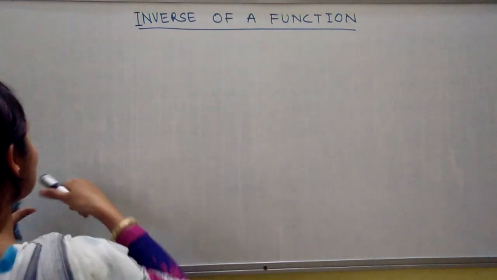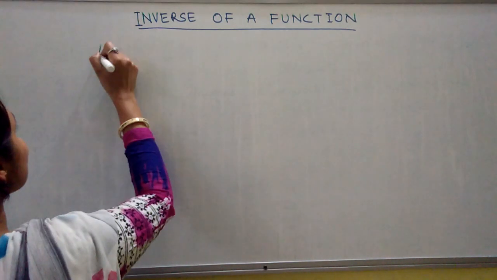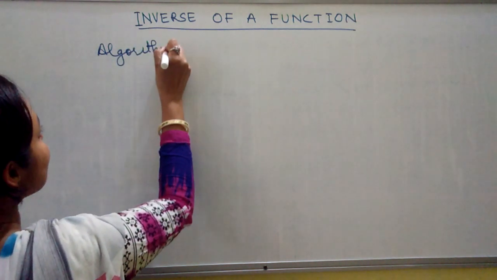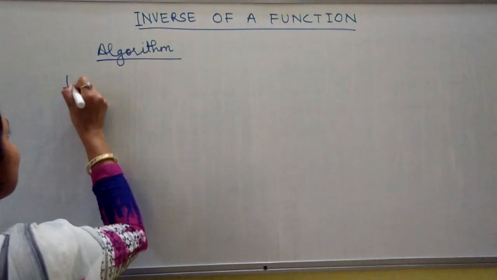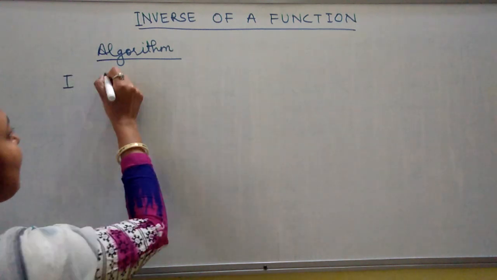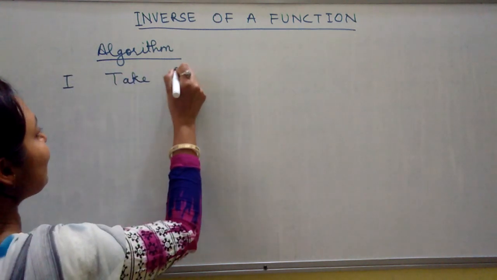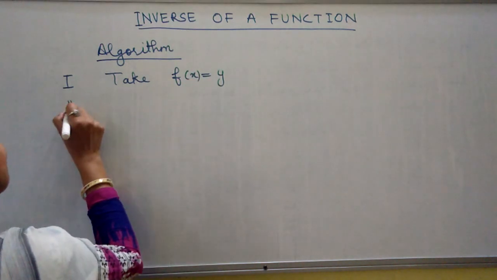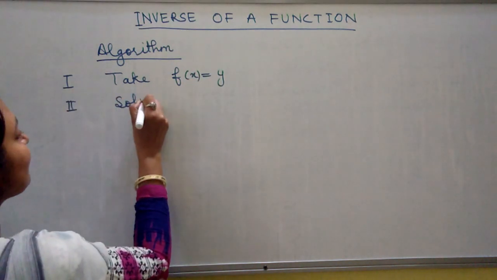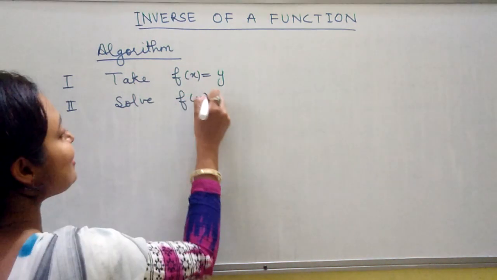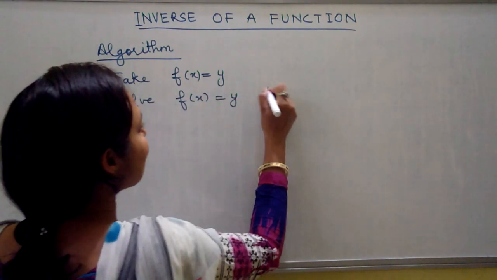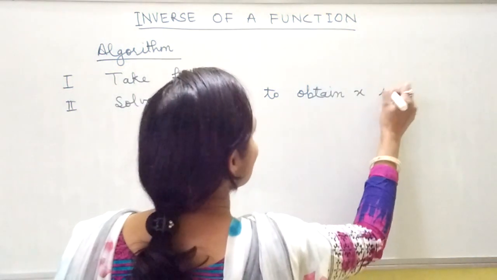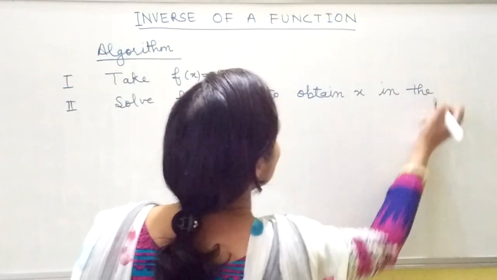The algorithm means method. There are only 3 steps. First step, take f(x) = y. Second step, solve f(x) = y to obtain x in the form of y.